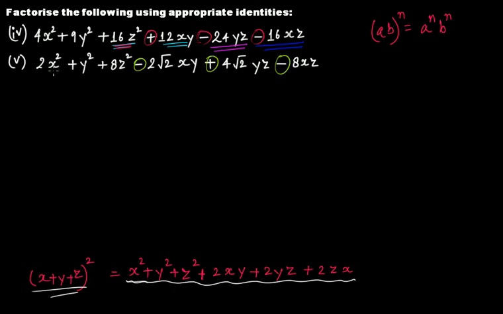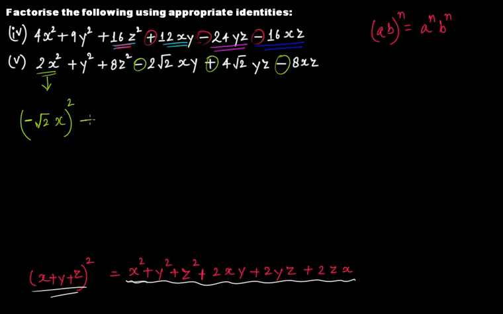So this is minus 2 root 2 xy. This is 2x squared. This can be written as square root 2 x whole squared, right? So in that case, this will be minus square root 2 x whole squared, right?